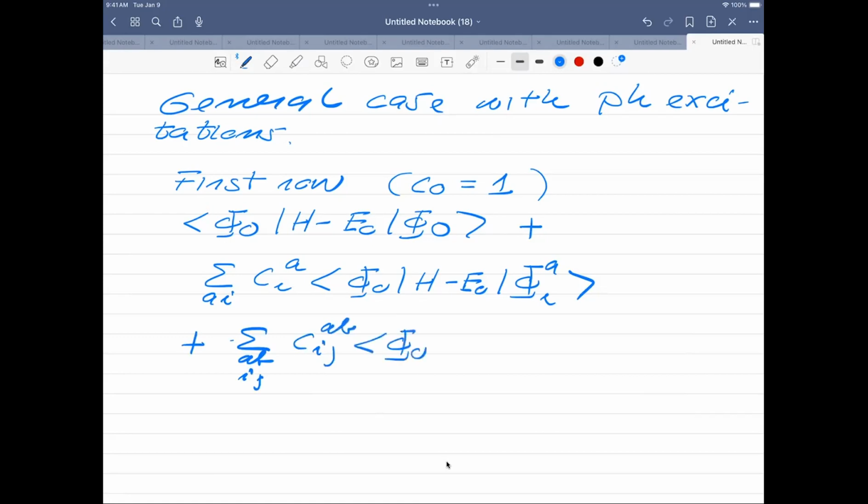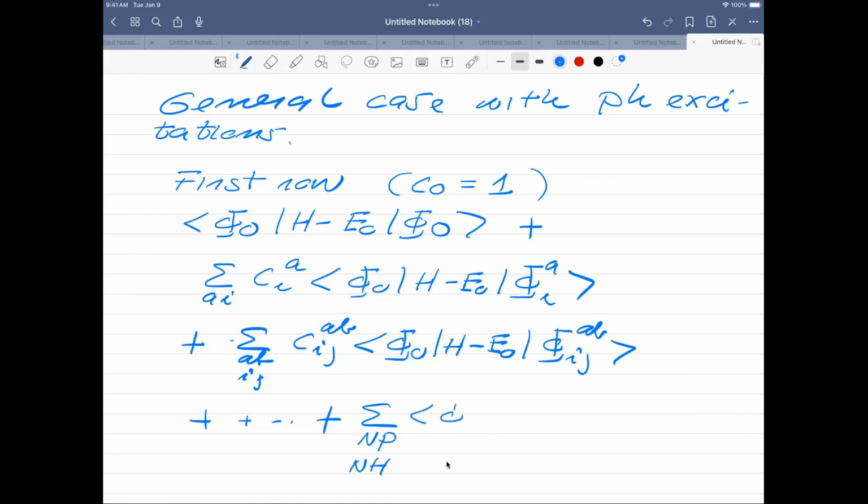Then we have phi 0 of H minus E0, and this E0 term will drop out again because the states are orthogonal. This continues all the way to the final n-particle, n-hole excitation. I have my overlap with phi 0 of H minus E0, then the n-hole, n-particle ansatz for the wave function, and a coefficient which couples these two.